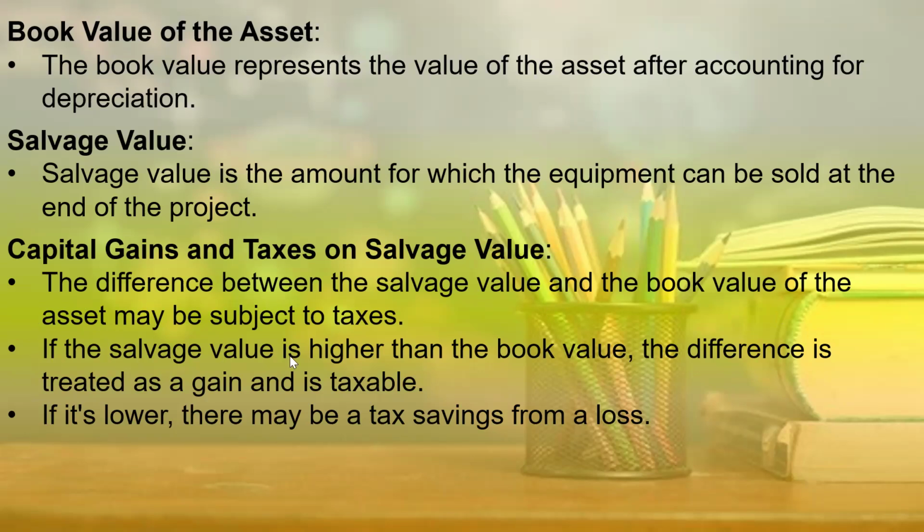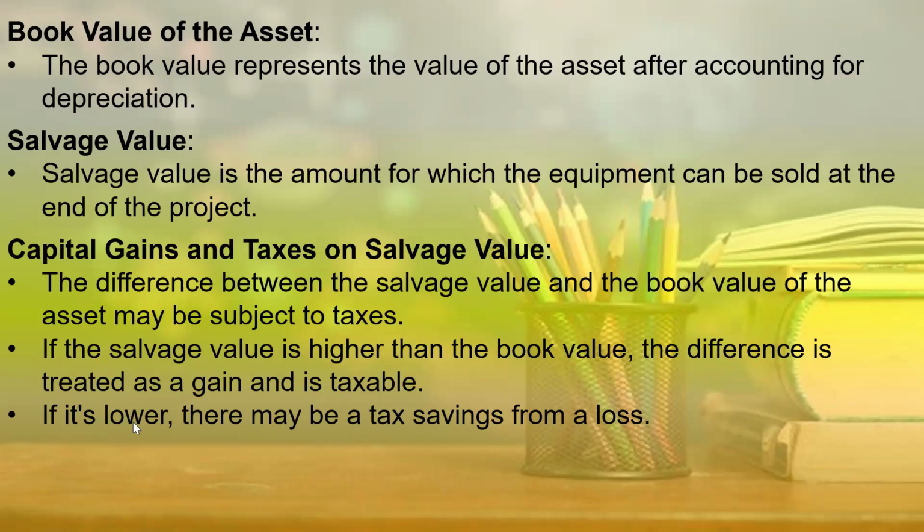If the salvage value is higher than the book value, the difference is treated as a gain and is taxable. Obviously, when your salvage value is higher than book value, you will get some gain or profit on it, and the profit is taxable. And if it's lower, then there may be a tax saving from a loss.